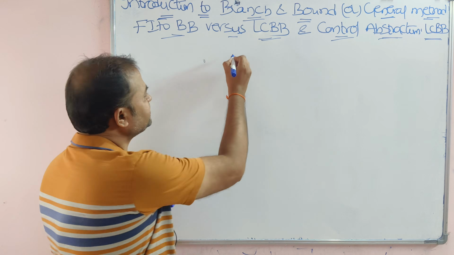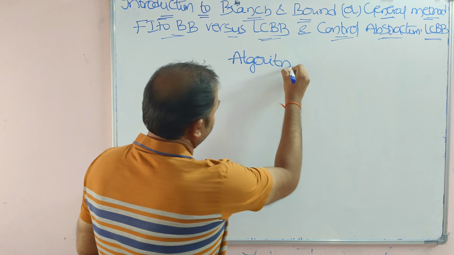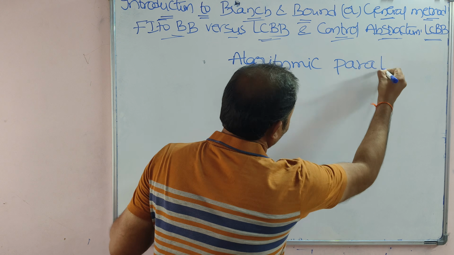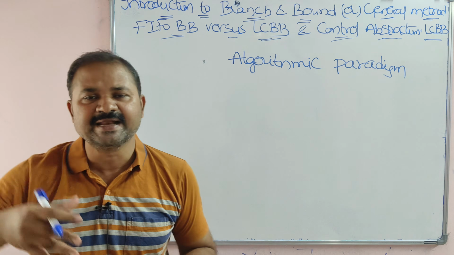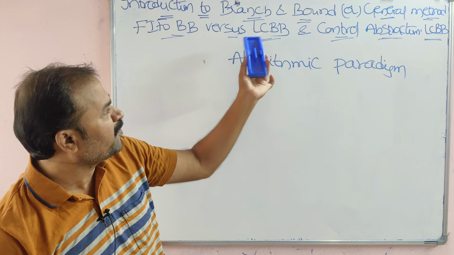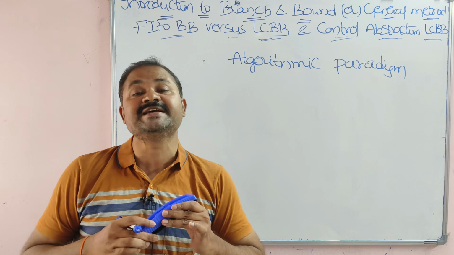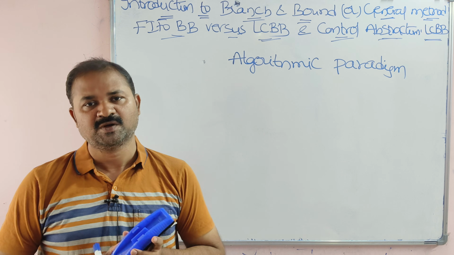Branch and bound is an algorithmic paradigm. An algorithmic paradigm is nothing but an algorithm design strategy or technique. With the help of branch and bound, we are going to solve optimization problems. So what is an optimization problem?